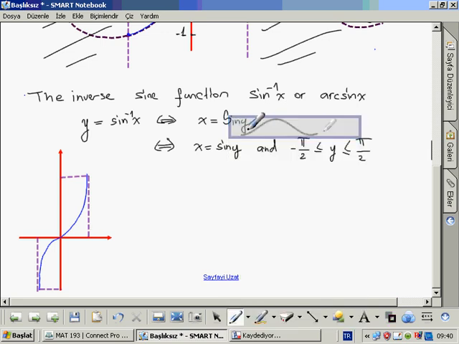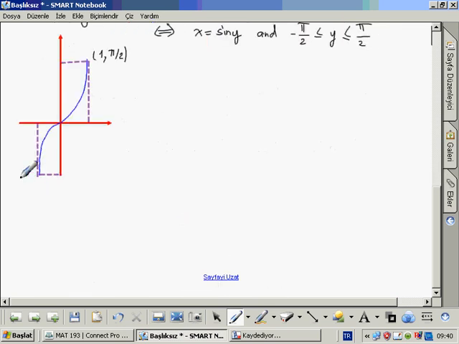Let me write the values: this point is 1 comma pi over 2, and this point is symmetric, minus 1 comma minus pi over 2, and that's the x, that's the y.